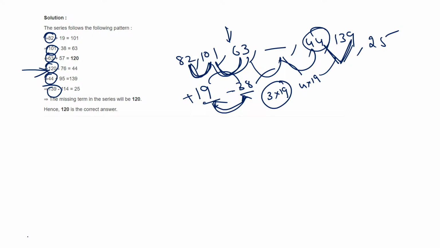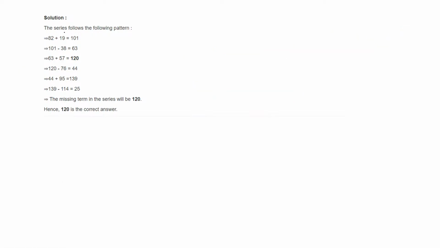Every time he is using the 19th table: 2 19s, 3 19s, 4 19s, 5 19s, and 6 19s. Once he is adding the 19th table, then he is subtracting the 19th table.